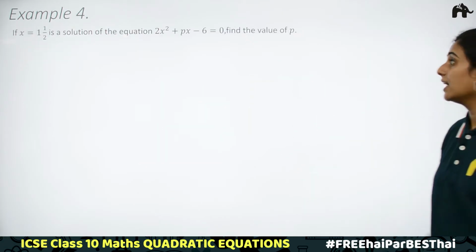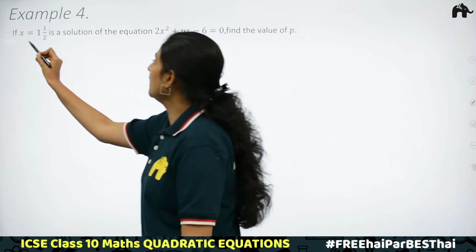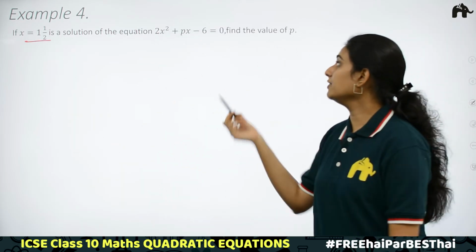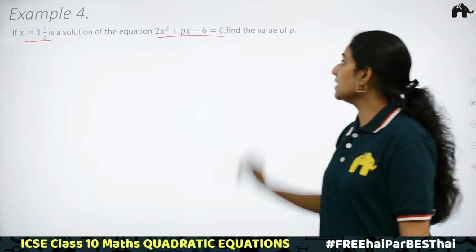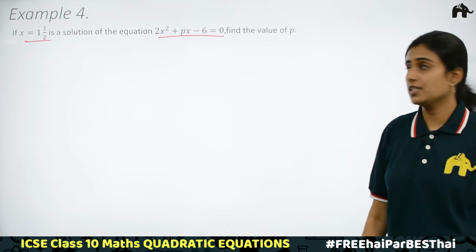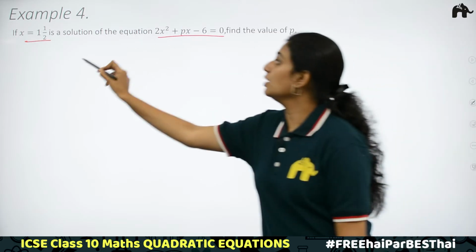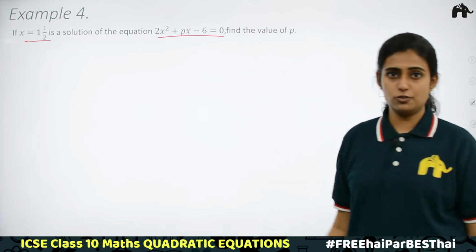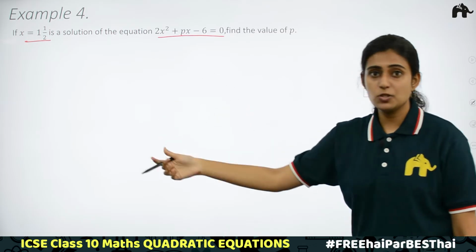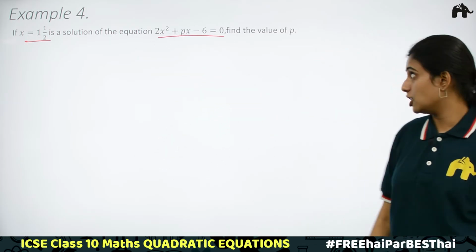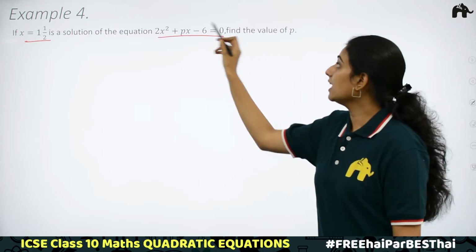Example 4. If x is equal to 1 1 by 2 is a solution of the equation 2x square plus px minus 6 is equal to 0, find the value of p. It is given that x is equal to 1 1 by 2 is a solution, which means if you substitute x is equal to 1 1 by 2 in the given quadratic equation, it will be equal to 0.